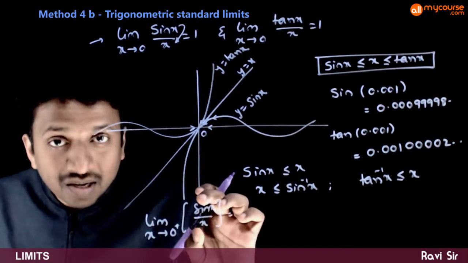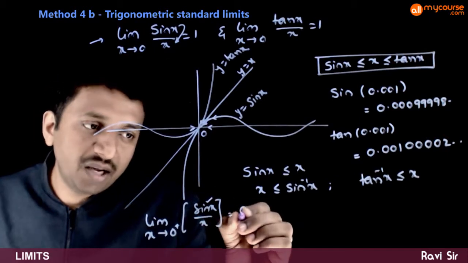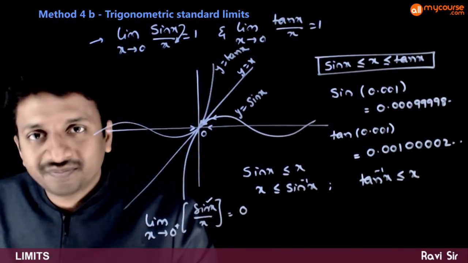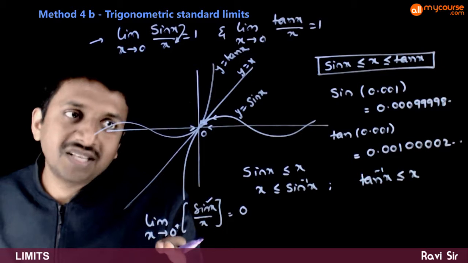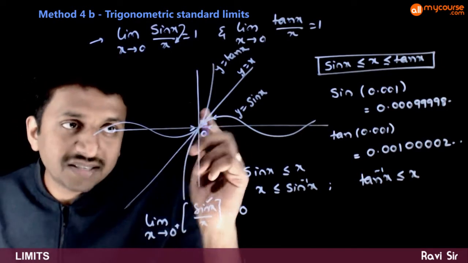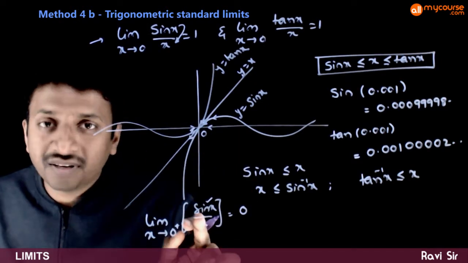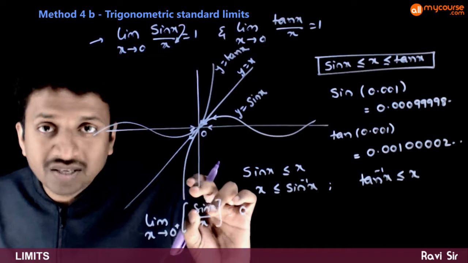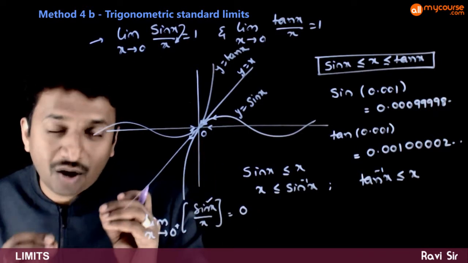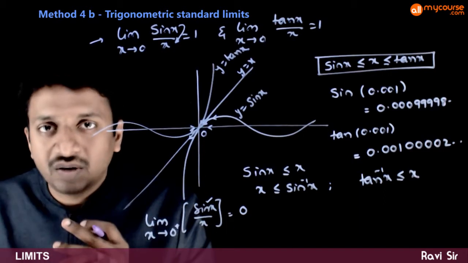So this number will be slightly less than 1, and the integer part will be equal to 0. Same is the case with 0 minus. Even if x tends to 0 minus, the magnitude of sin x will always be less than the magnitude of x. So sin x by x will always be slightly less than 1, hence the integer part will be equal to 0.